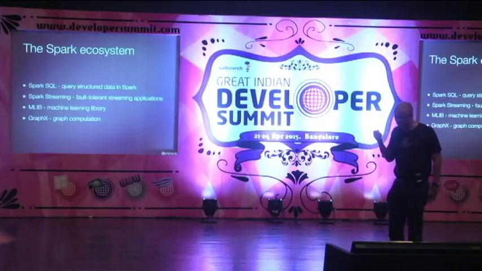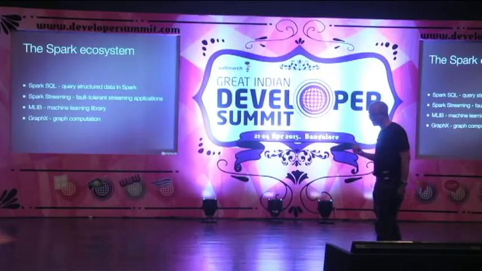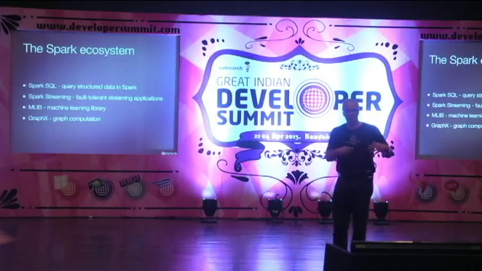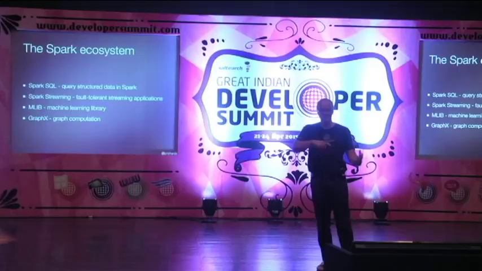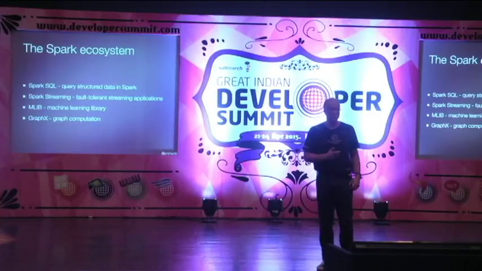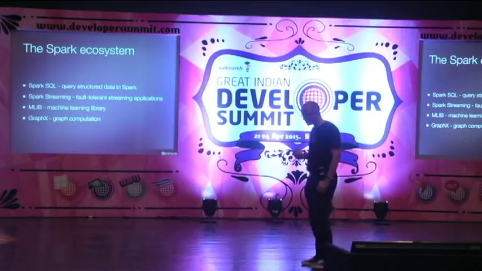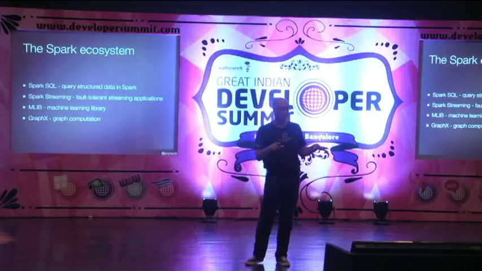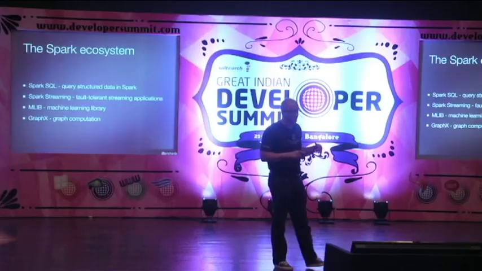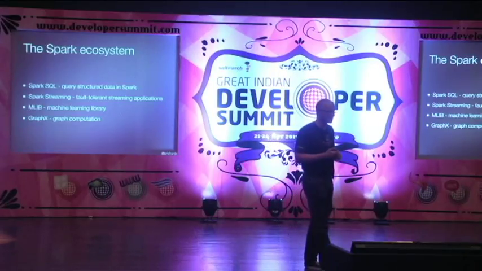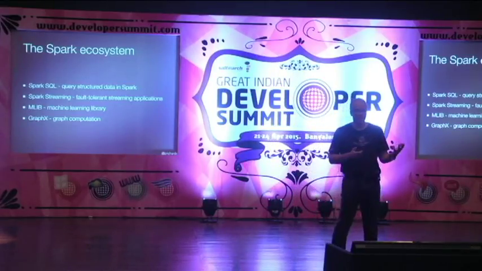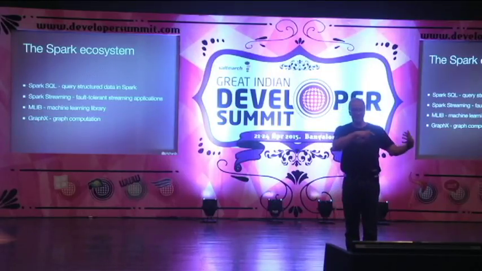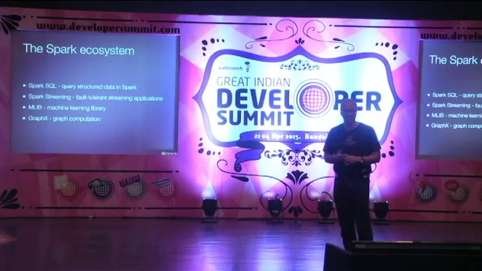As you can see, it's got a very functional API, so much so that you can't really tell the difference between regular collection processing and Spark processing. And what I've described is the foundation of a really interesting ecosystem. There are higher level libraries built on top of Spark, like Spark SQL, which lets you query structured data in Spark using SQL.